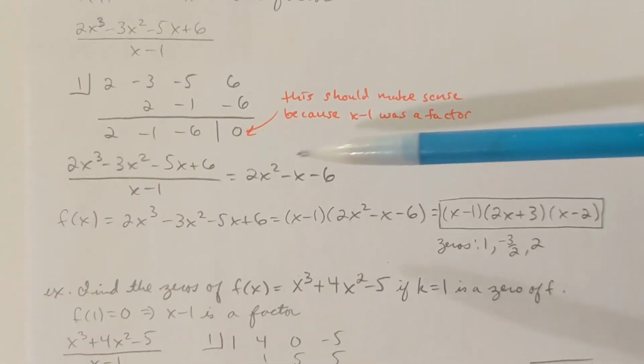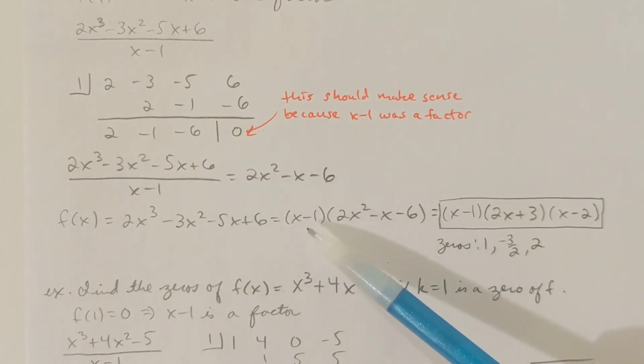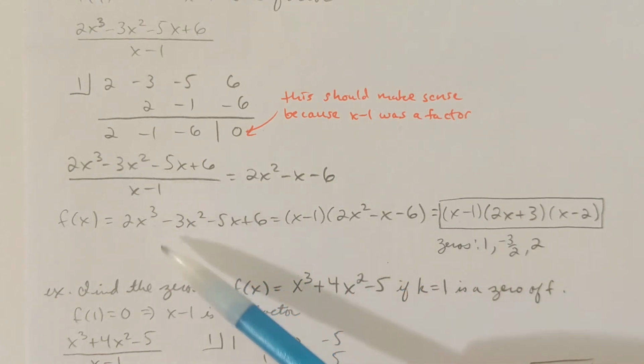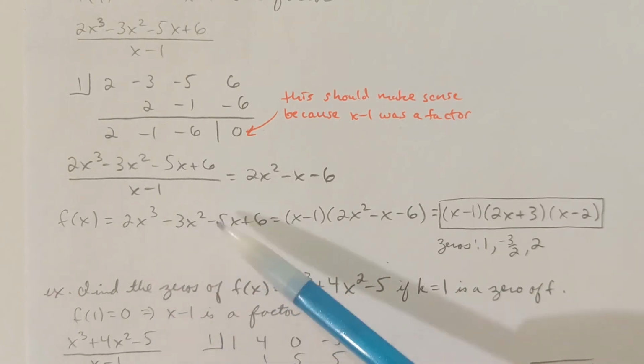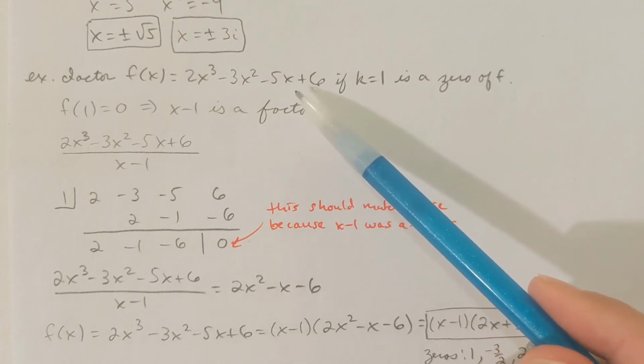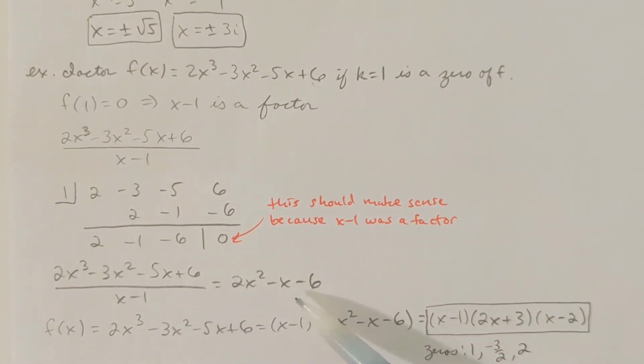If I multiply both sides by x minus 1, then I've got 2x cubed minus 3x squared minus 5x plus 6. That's what I'm calling f of x, by the way. And on the right side, I've got x minus 1 times 2x squared minus x minus 6.